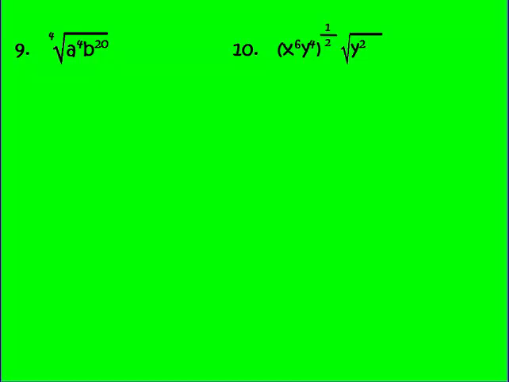Let's go back to variables, since we haven't talked about variables with an index higher than 2. If you remember, when we did the square root of x to the 4th, since it was the square root, we just divided by 2, and we got x squared. Or if we did the square root of x to the 10th, again, we divided by 2, and we got x to the 5th.